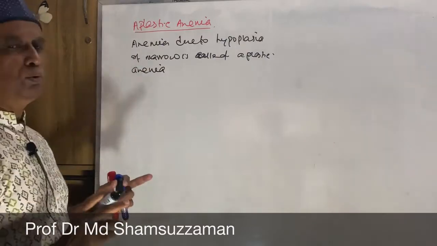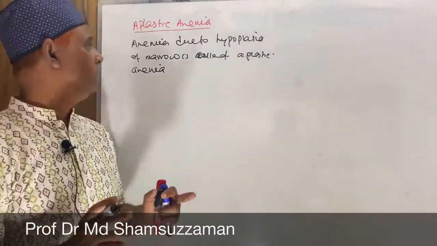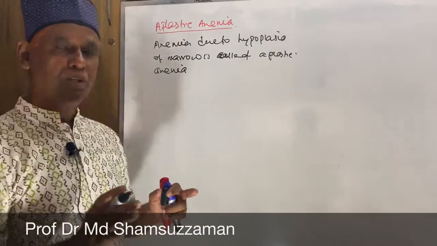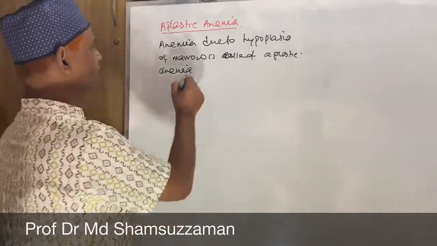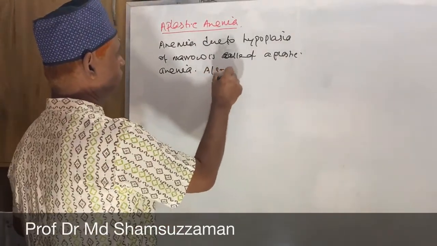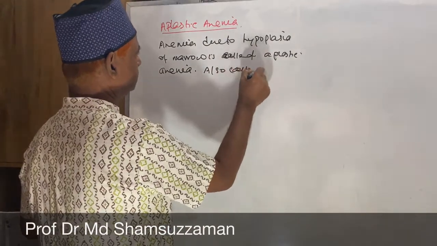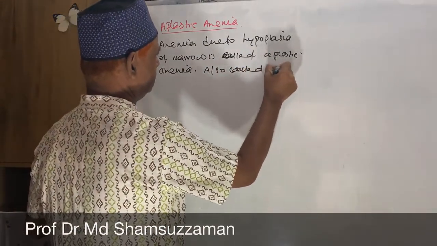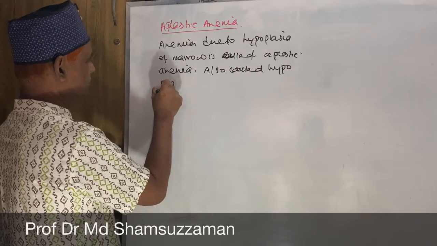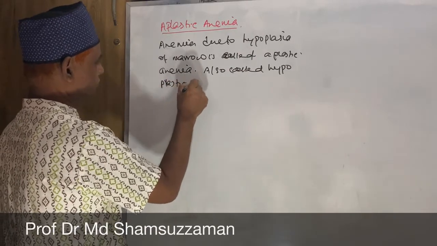So anemia due to hypoplasia of bone marrow is called aplastic anemia. It is also called hypoplastic anemia.